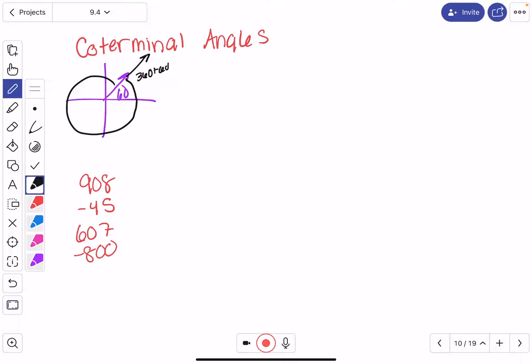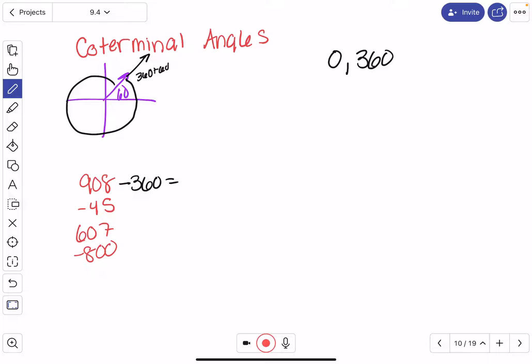So when they ask you to find the least possible coterminal angle, they want you to find one in the original coordinate. So you're looking for somewhere between 0 and 360. So if your number is positive, you're just going to keep subtracting 360 until you get to a number that is between 0 and 360.